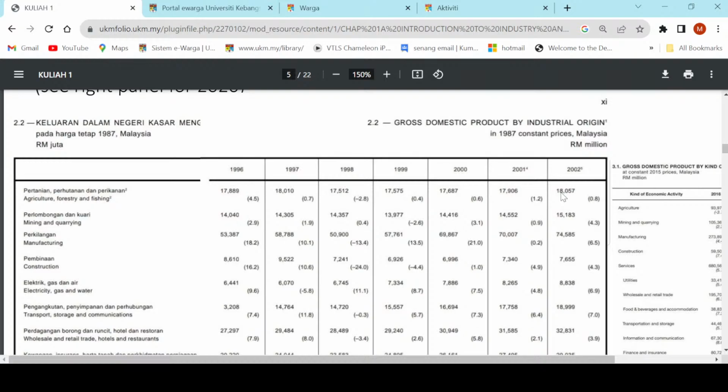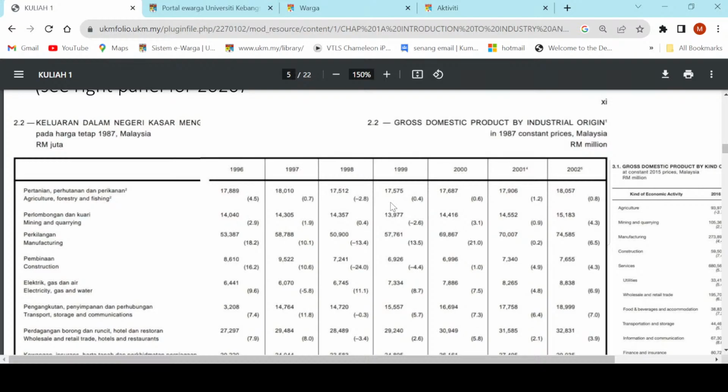We got each of these from taking the current prices, current divided by the GDP deflator of that year. So now I have explained to you what it means by constant price as opposed to current price.